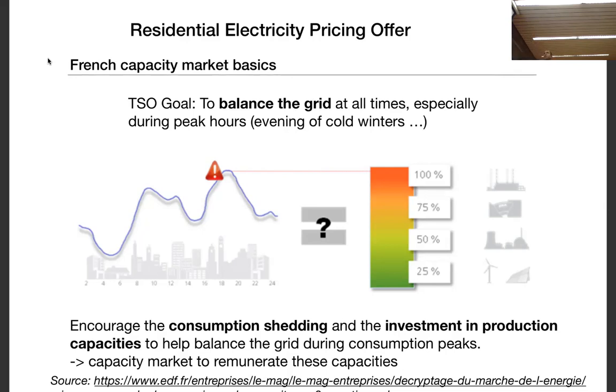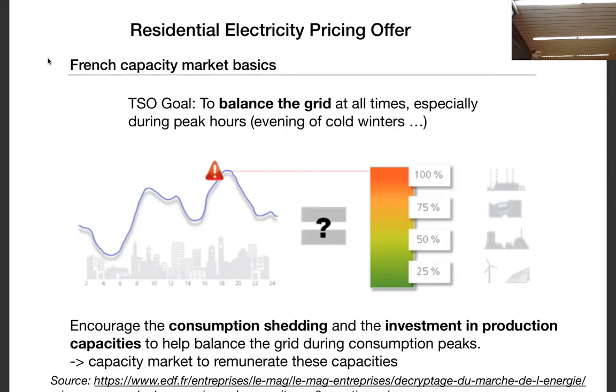It will sometimes try to encourage consumption saving by telling some people, can you decrease your consumption, please, because here we are consuming too much, or sometimes help people make investments in a power plant that will be used only during the peak to help balance the grid. To do that, they have designed a capacity market.